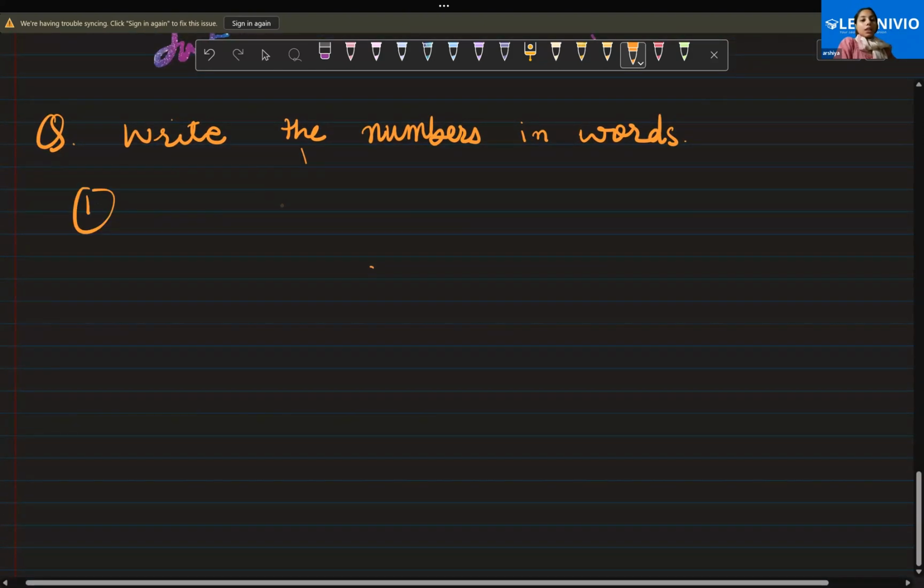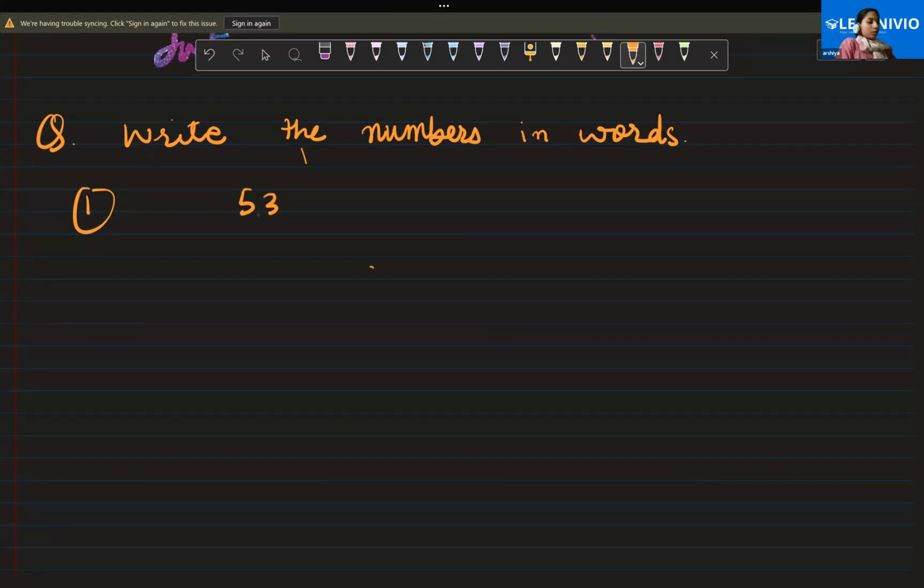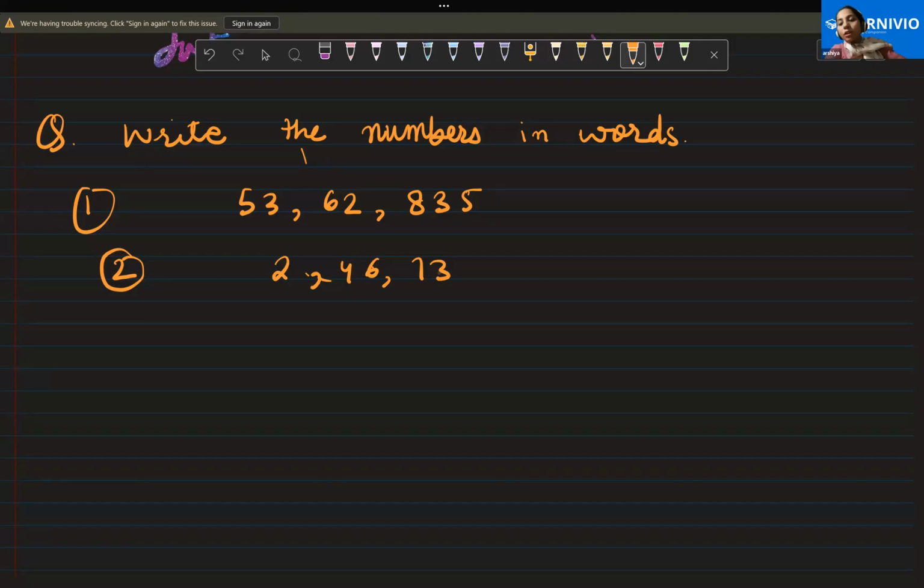So, let's say we have, all right. So I'm going to tell you for these two numbers and the rest I'll give you as homework. So, can you tell me what will be the place value of 3 here in this number?